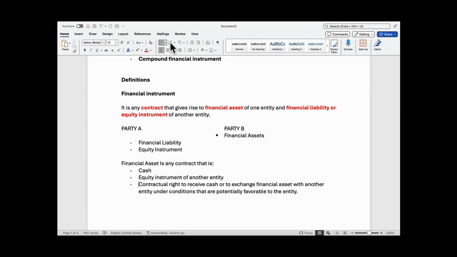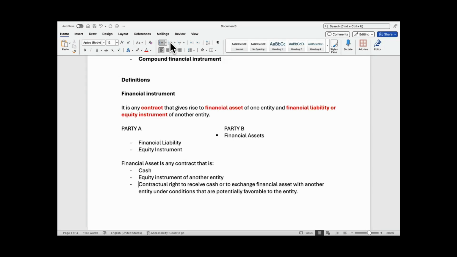That's the person that can have an asset anyway, an investor. And financial asset can be any of these three. Either you have cash, that's financial asset automatically, or you buy shares in another company, that's equity instrument of another entity, or you have right to receive cash, meaning you have invested in debt instrument.